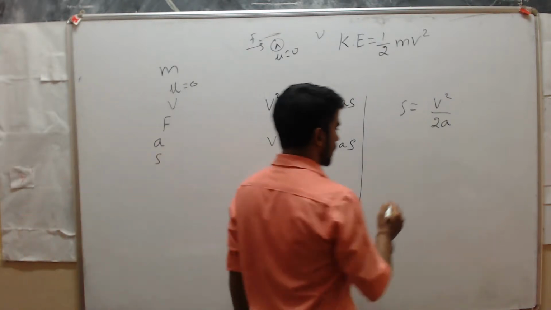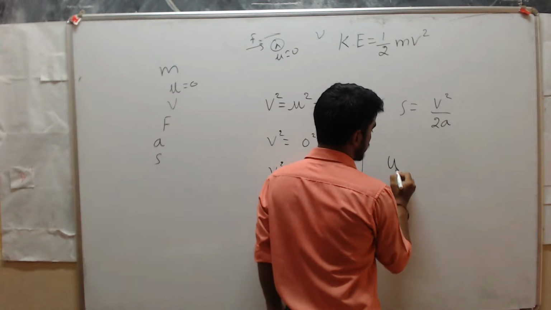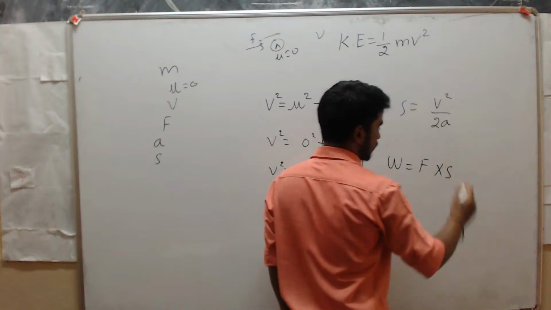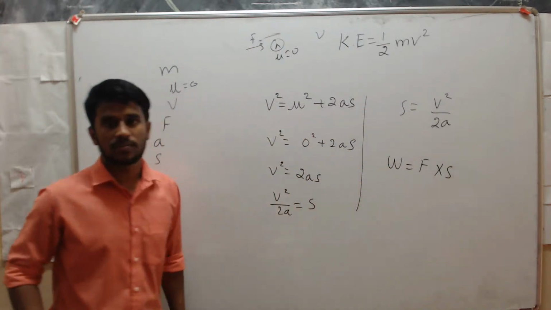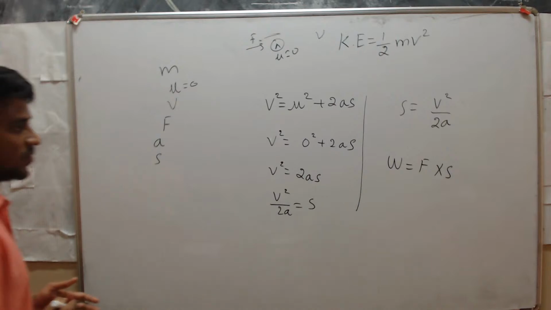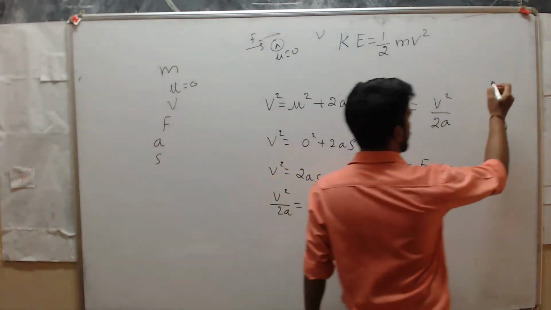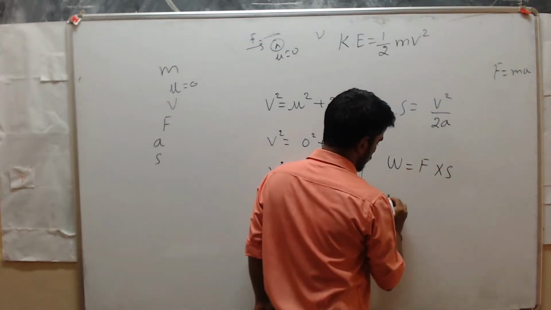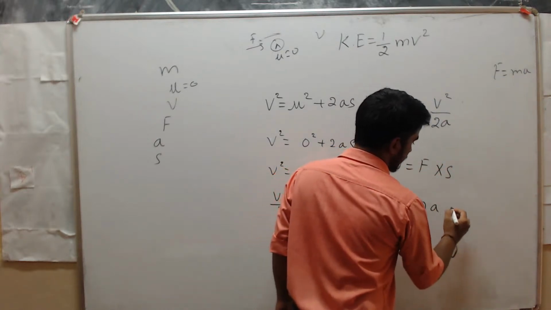So now work done on that object, that is W equals force into displacement. Now see here, force means what? We can write force is equal to m into a, right? So W is equal to m into a into s.